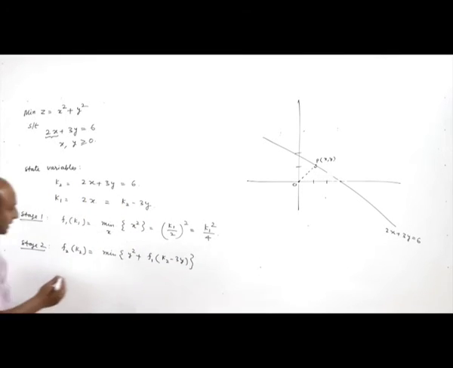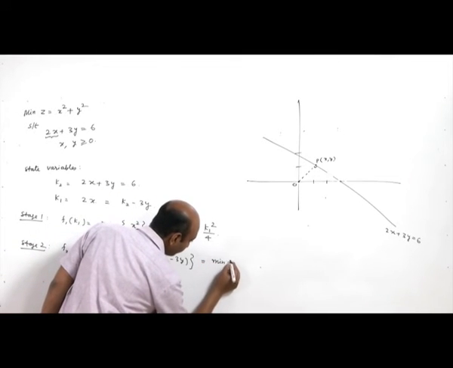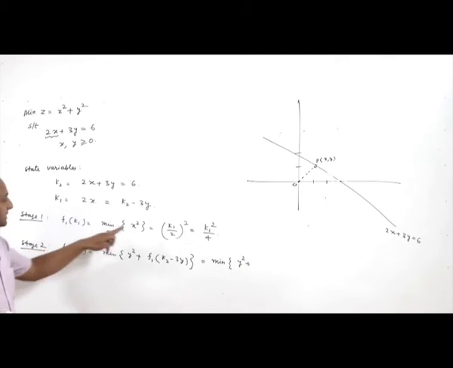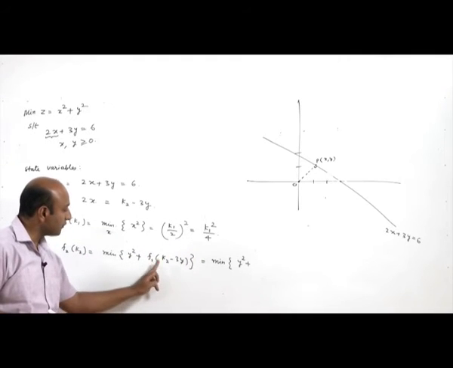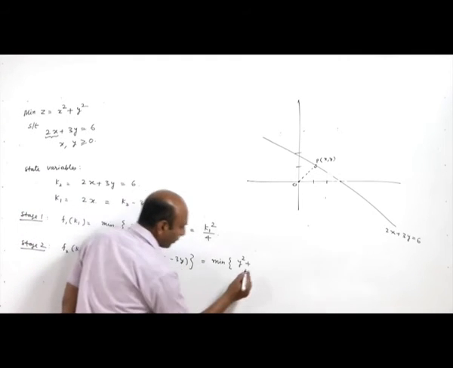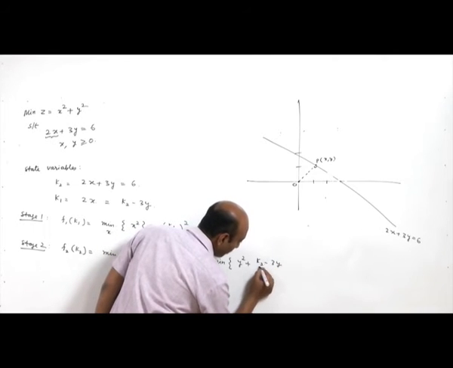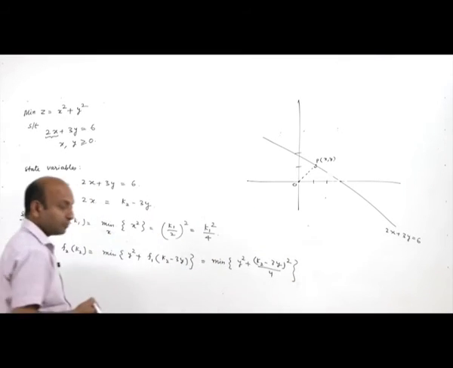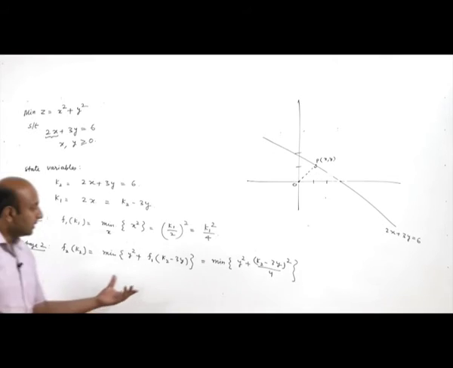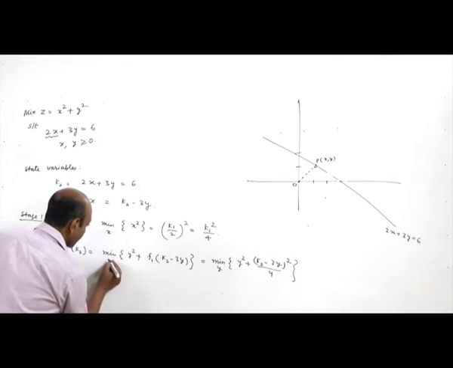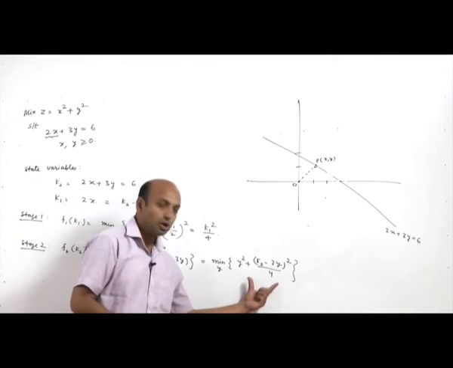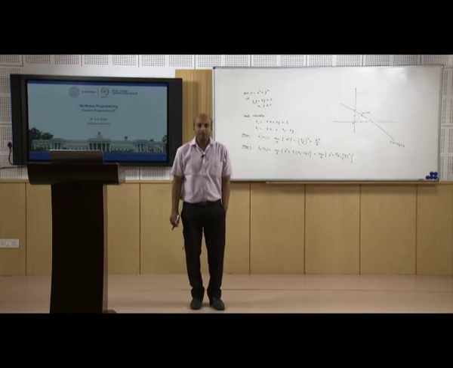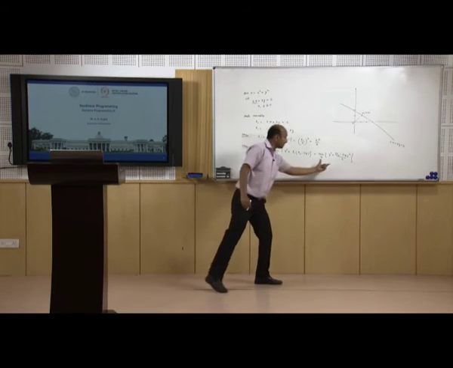It is further equal to the minimum of y square plus, now f1(k1) is k1 square by 4, so f1 of this quantity will be this square by 4, that is (k2 minus 3y) whole square upon 4. Again, it is a minimum over y. Now, it is a single-variable function of y only. You again differentiate with respect to y and put it equal to 0 to find the minimum value of this objective function.